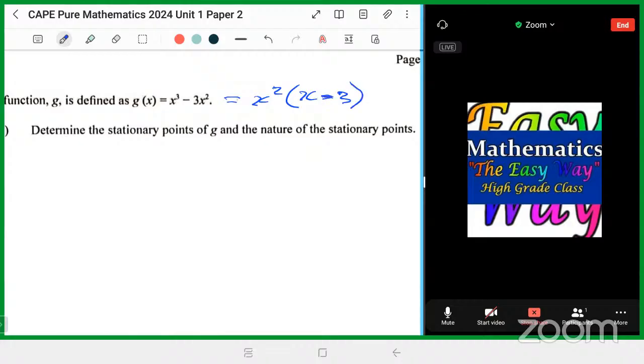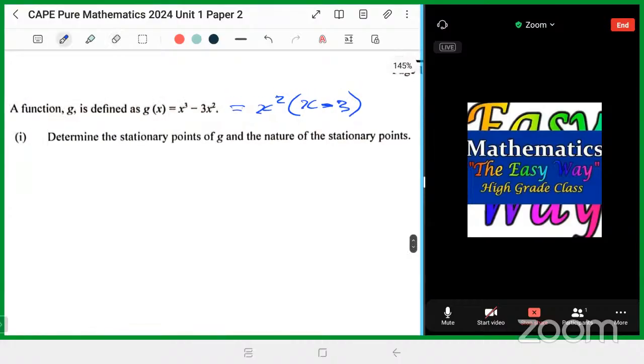This x squared means that it has a turning point on the origin. Repeated roots of x equals 0, and then you have this root, x equals 3. So it's a repeated root on the x-axis, and wherever you have a repeated root on the x-axis, you have a turning point there.